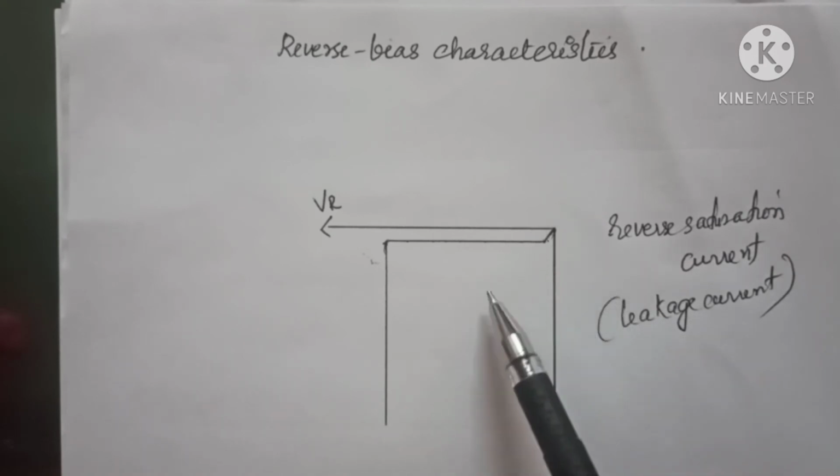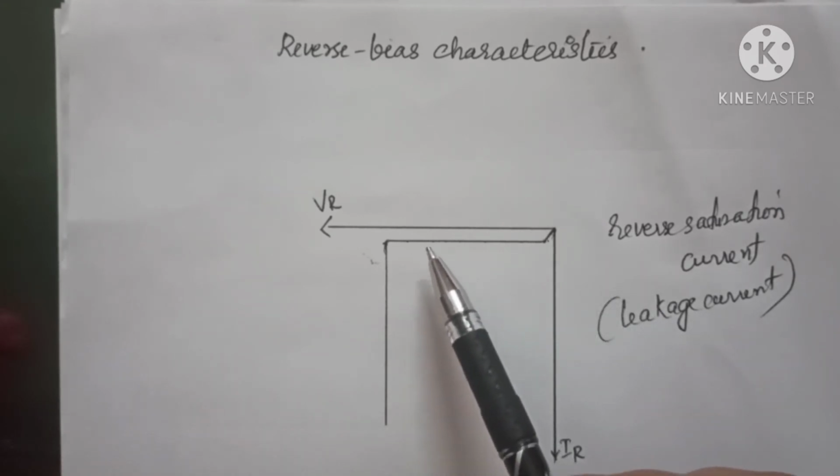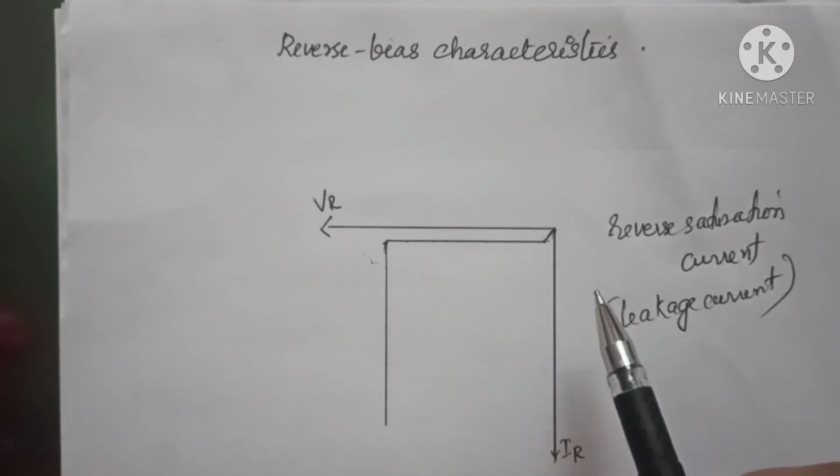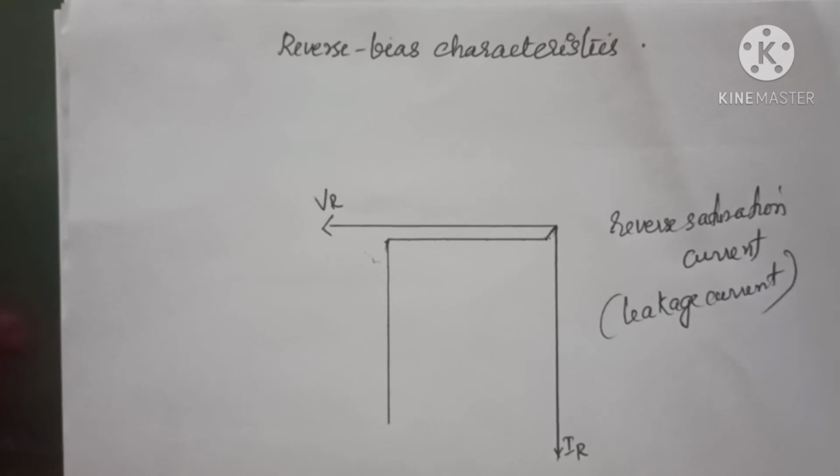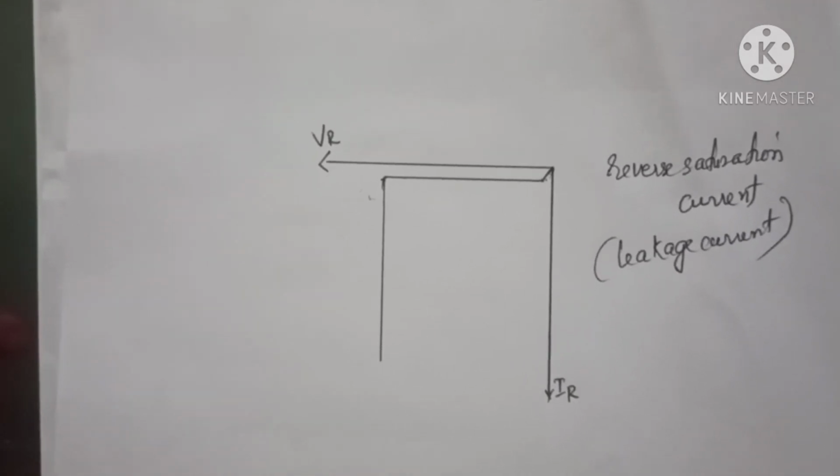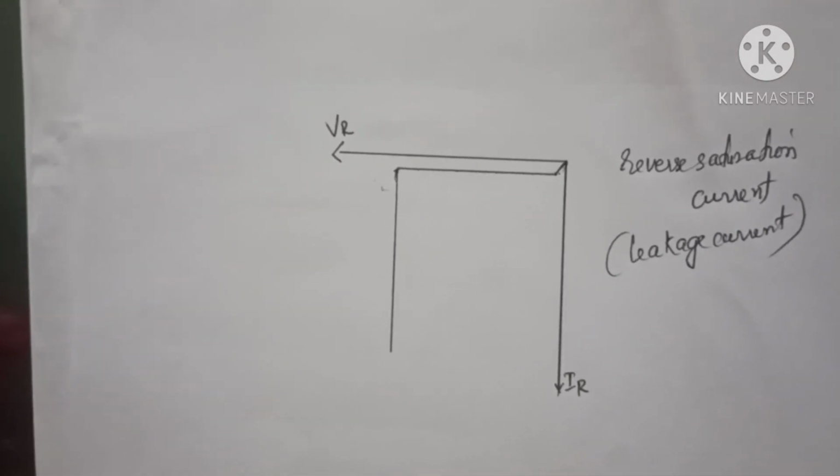And you can explain this as this current is due to a few minority carriers. You know that in reverse bias, not much conduction is happening with the help of majority charge carriers. Only a small current is produced, and it is because of minority charge carriers.